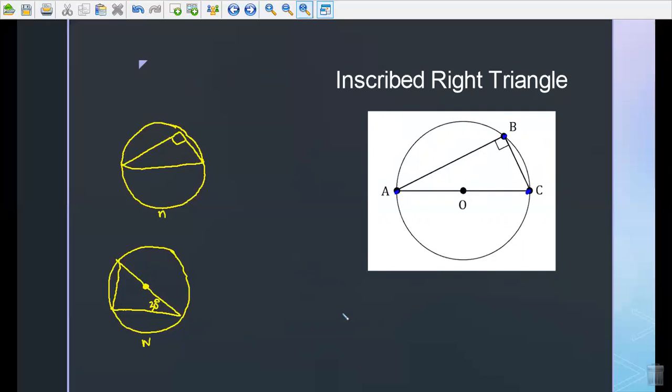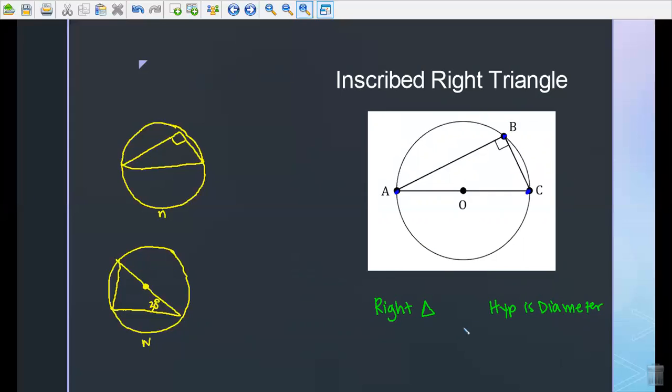This one's more of a theorem. I'm going to do a lot of abbreviating here instead of writing it out. If I'm working with a right triangle, there is a relationship with the fact that the hypotenuse is your diameter.